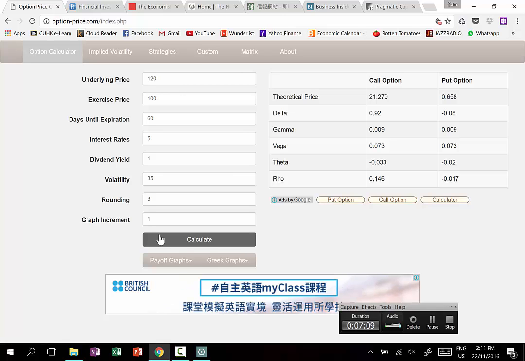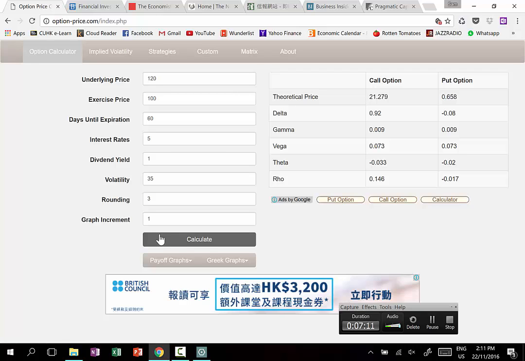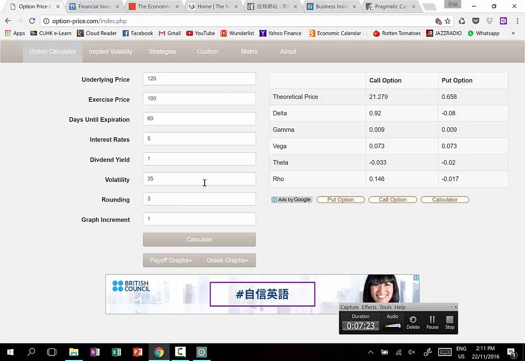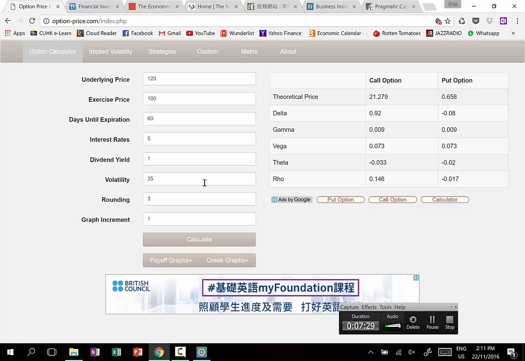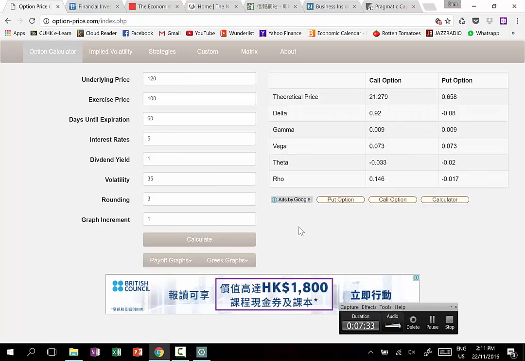You can, for example, buy this option. An American option can do everything a European option can do and more. So if you were able to buy this, and let's just assume it was trading at $20, you can buy this American option and sell the European one at a price of 21.27. Then you have an arbitrage.